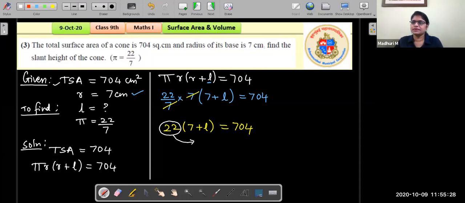That would become division, right, students? So we are left with 7 plus L is equal to 704 divided by 22. So try it out. Dividing, what do you get? Try to cross it out using the table of 2 and then the table of 11, or you can simply reduce it using 22. What will be this division?